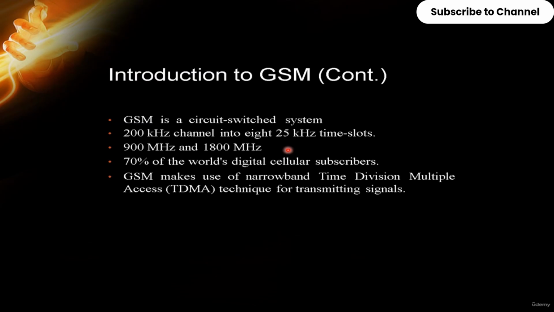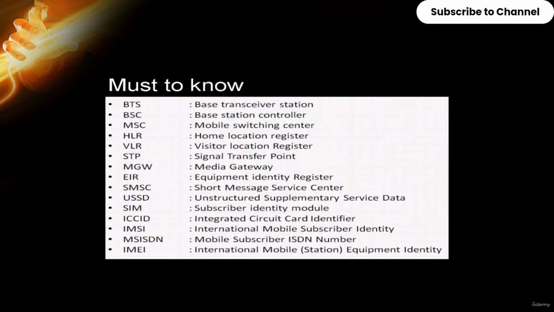It also operates in 850 megahertz to 1900 megahertz. GSM is all over the world, and it owns 70% of the market. GSM uses time division multiple access techniques for transmitting signals.